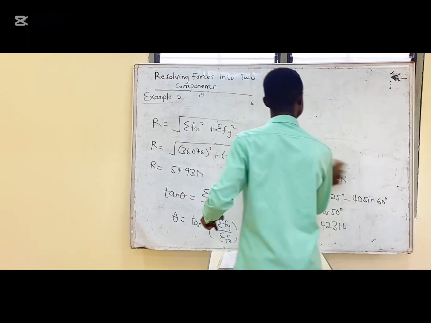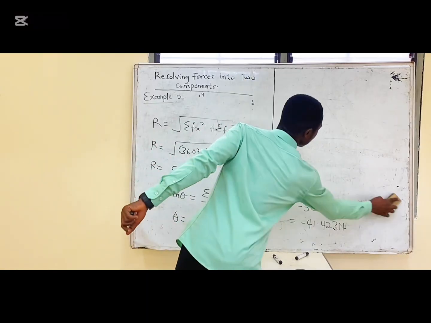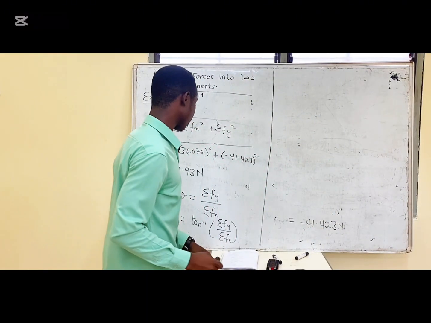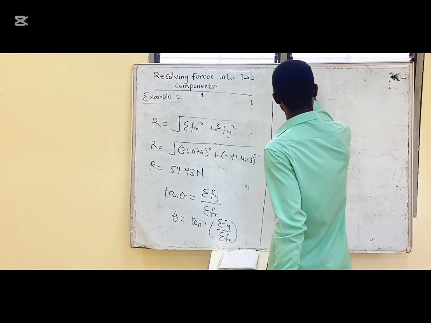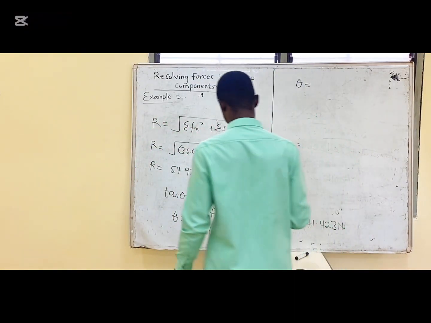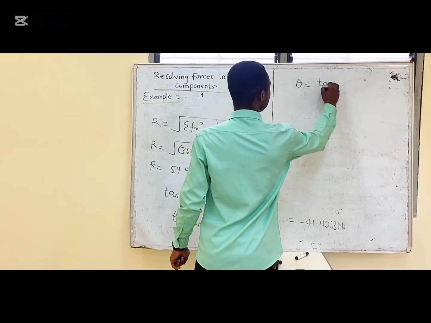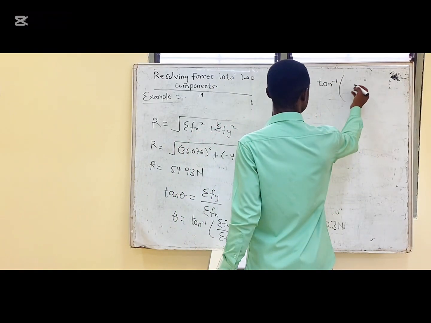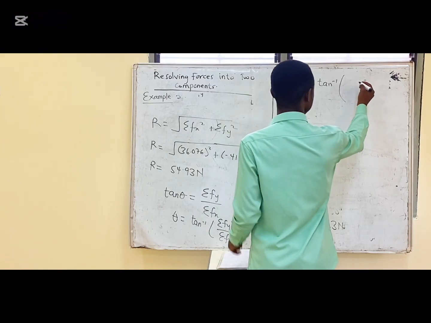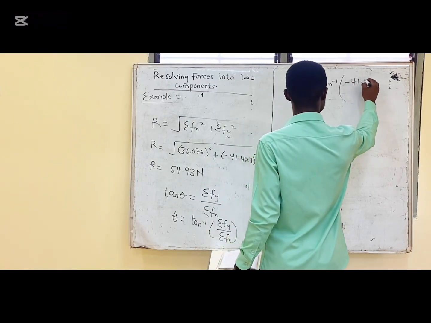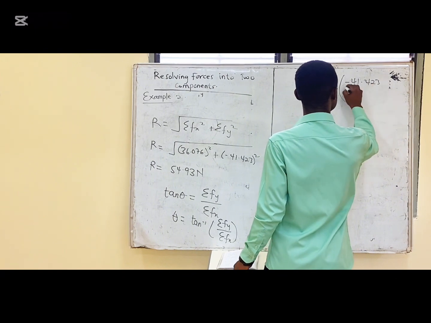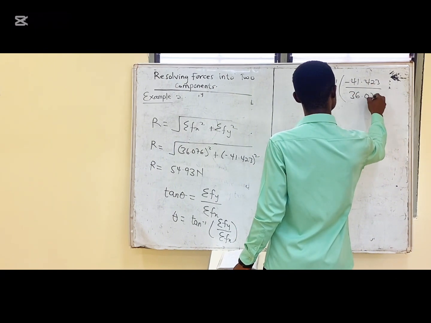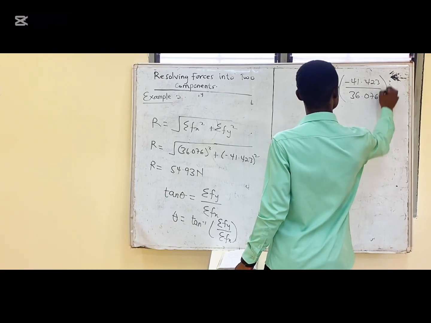Substituting the values of summation of Fy and Fx, we have theta equal to tan inverse of negative 41.423 over 36.076.